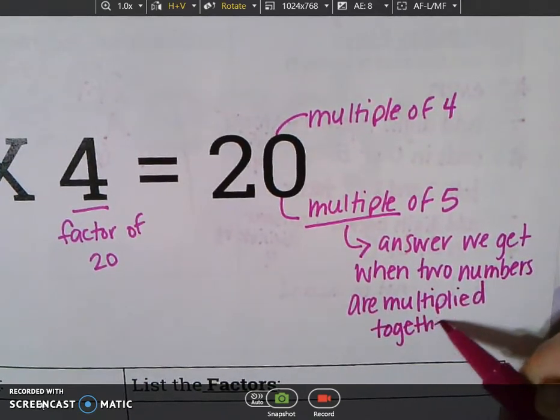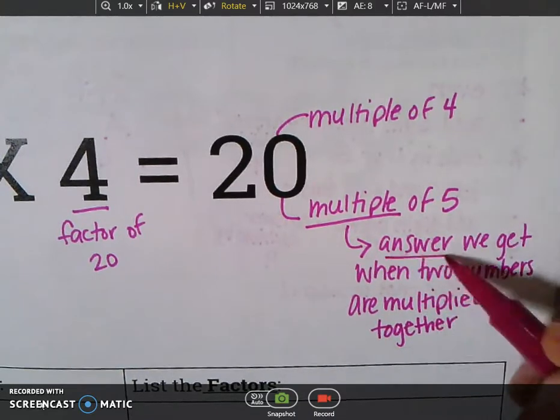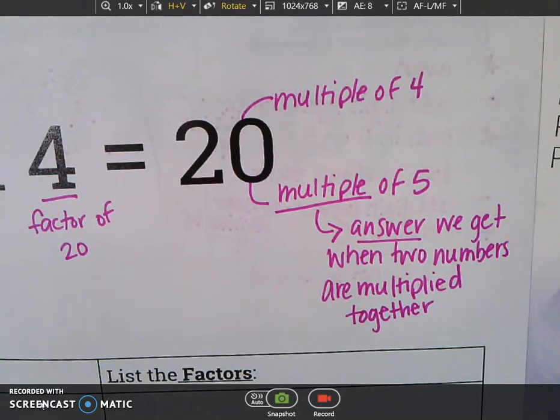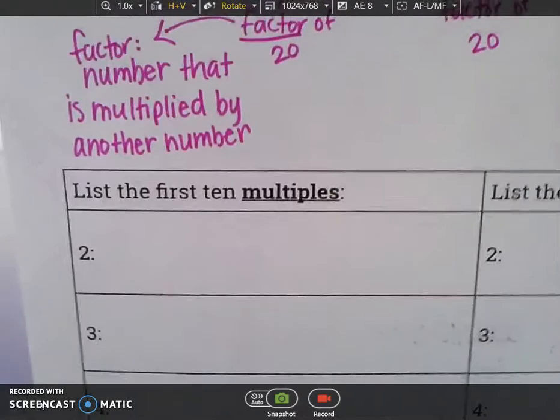I think the key here is that a multiple is like an answer. We're talking about the product, the answer to a multiplication problem. So 20 would be a multiple of 4 and a multiple of 5. Let's talk about multiples and factors, and let's see the difference.